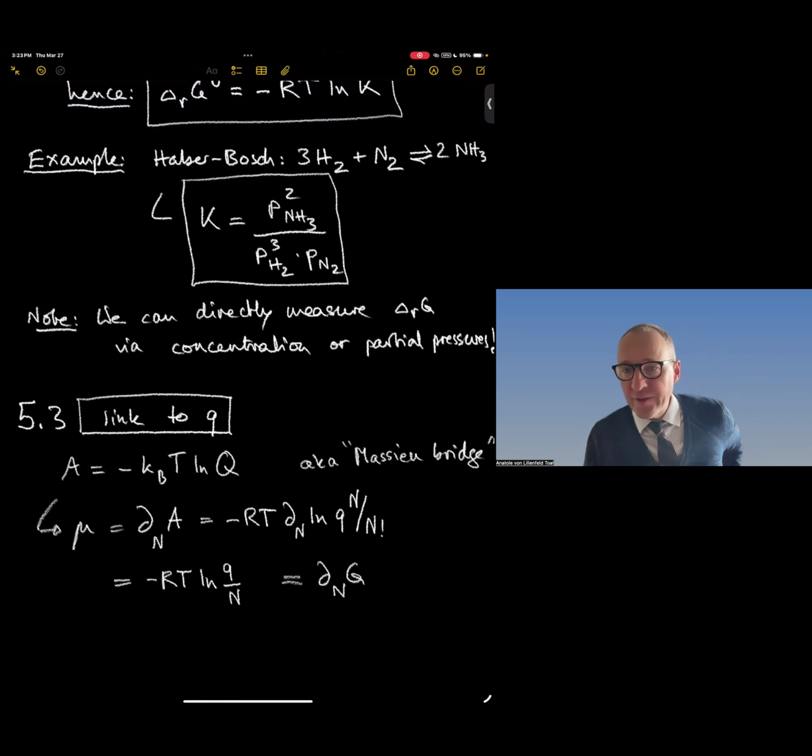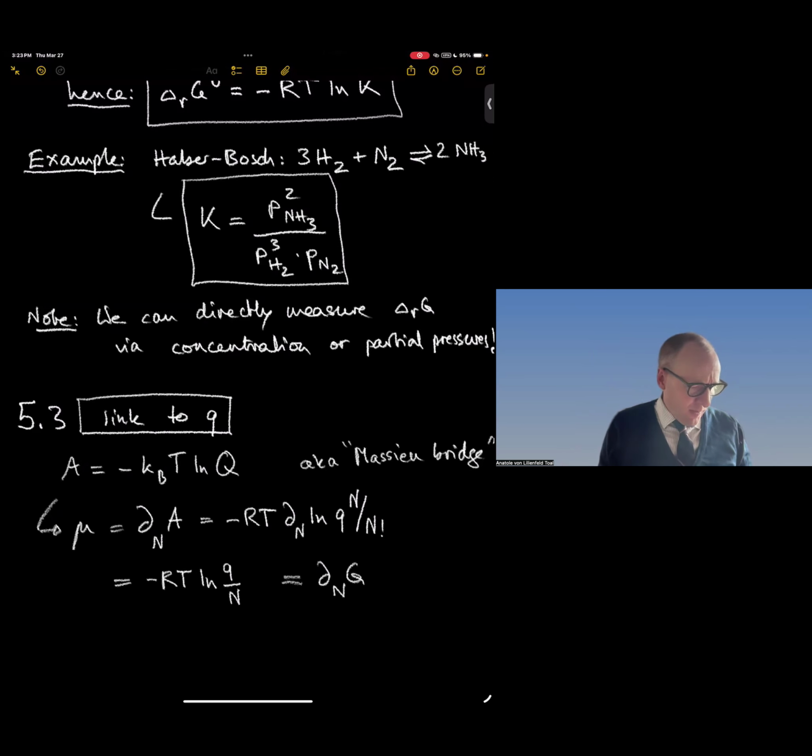Which really links this crucial quantity, the partition function, explicitly to the free energy, which freely, according to Boltzmann, governs this world.